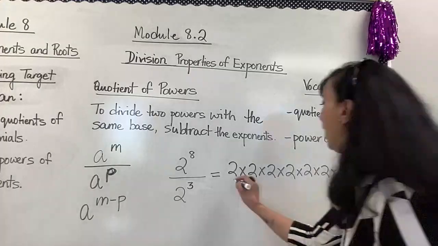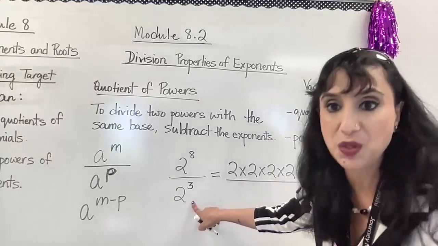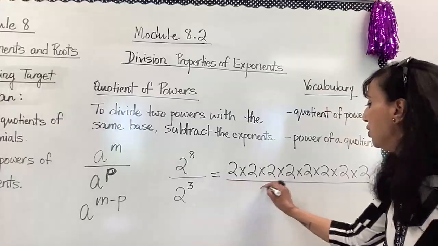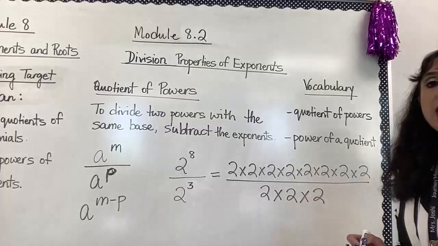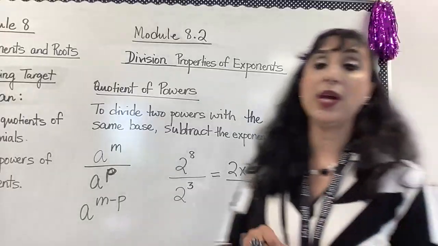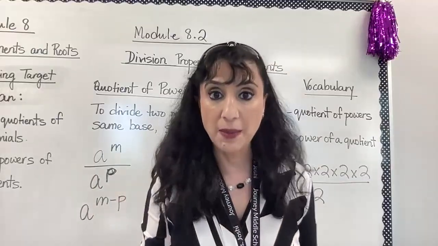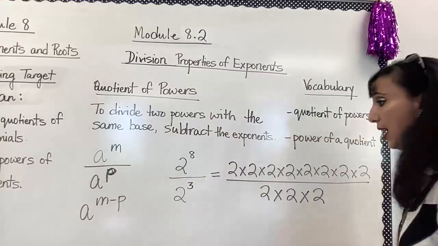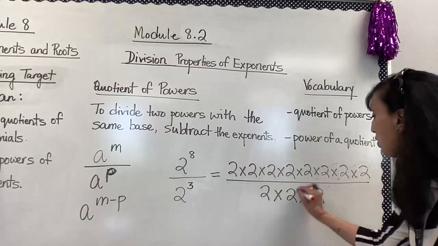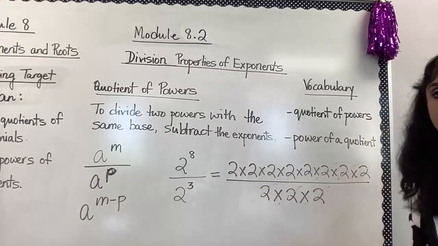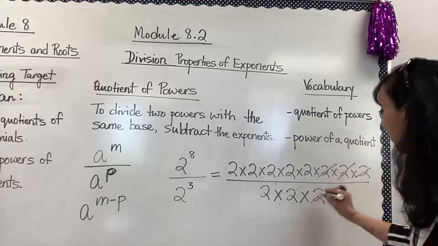And then I have 2 cubed, which means 2 times 2 times 2. Okay? Now you know that you can simplify anything from the numerator to the denominator. So instead of me doing something like 1, 2, 3, 1, 2, 3 and simplifying, which that color was really not the best here, okay?